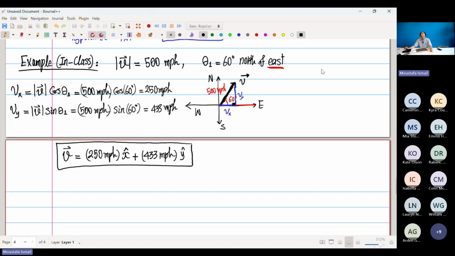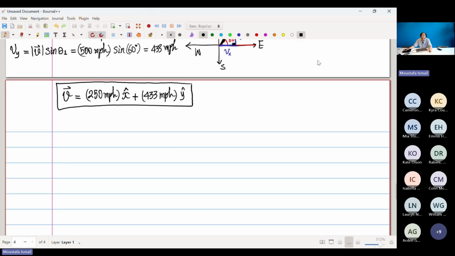The second case tells you that instead the plane is flying 60 degrees south of east, not north of east. So in this case, part 2, theta is 60 degrees south of east. This is not the standard angle we are used to measure because we said we want to measure counterclockwise from the x-axis.